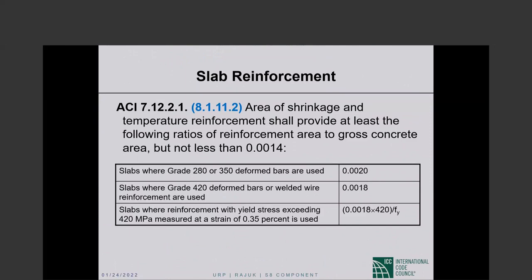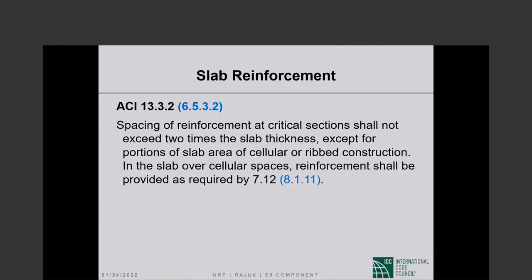The flexural reinforcement that must be placed near the tension face shall not be any less than shrinkage reinforcement, which is typically 0.18% of gross, except that if you have high strength reinforcement, you can go below 0.18% of gross, but cannot go below 0.14% of gross. Okay. So shrinkage reinforcement is given in section 7.12 of ACI 318 and section such and such of BNBC 2020. So flexural reinforcement shall be dictated by how much bending moment we have to resist, but it shall never be any less than the shrinkage reinforcement.